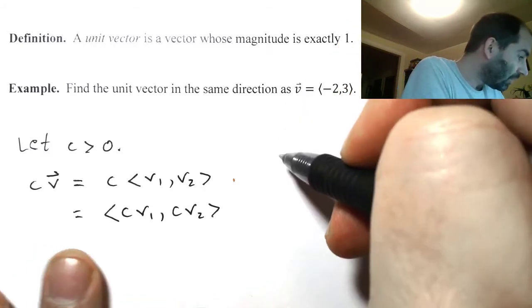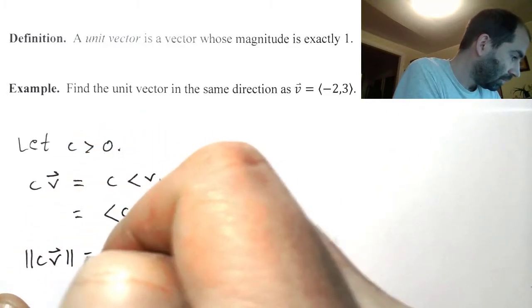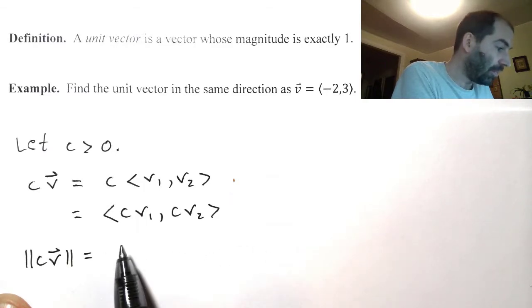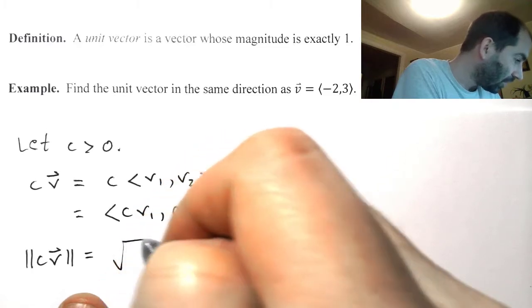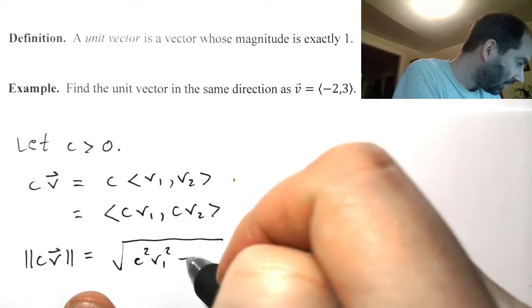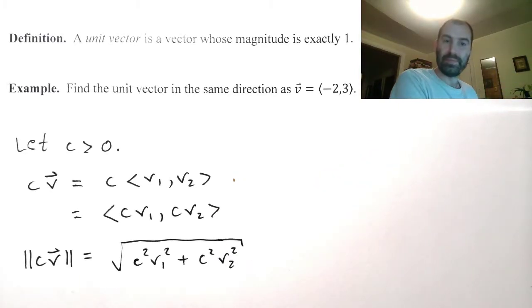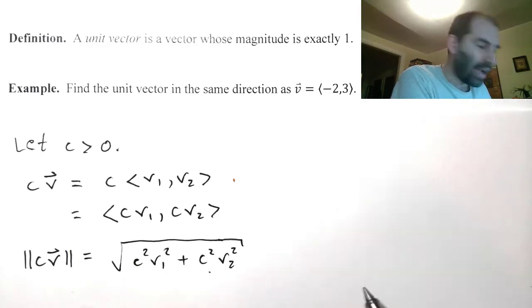So what's the magnitude of CV? Well, from our theorem before, we know that this is the square root of the sum of the squares of the components. So this is going to be the square root of this stuff. Well, let's see what we can do here. Look at this. C squared is a common factor, so let's factor it out.